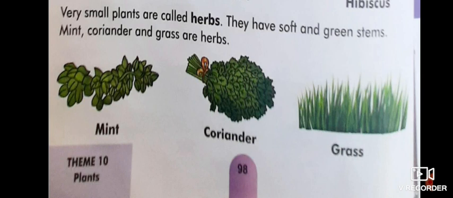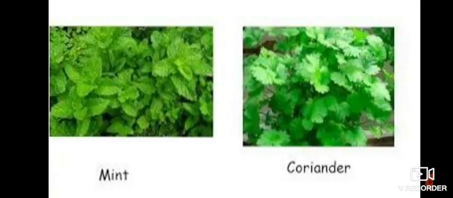They have very soft and green stems. Examples of herbs are mint, coriander, and grass. So they are herbs, very small plants with soft and green stems.